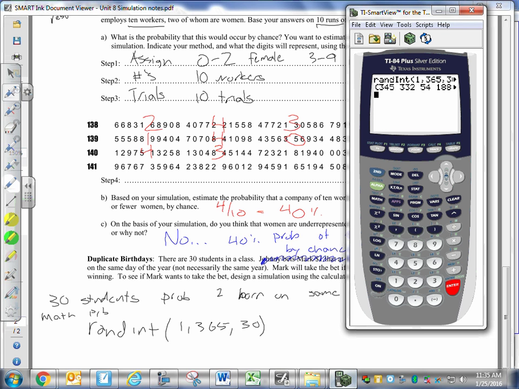Here we're going to store this in L1. Press store down here. Store in L1. L1 is second 1. Are we there? Anybody need time for that? Store L1, enter.